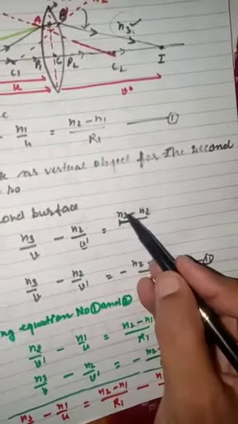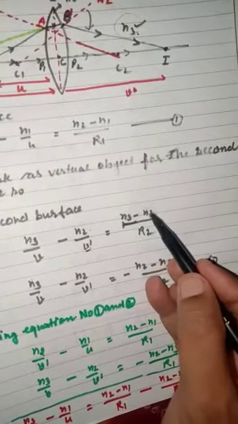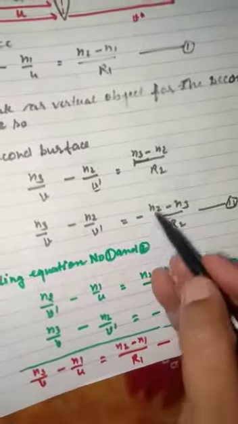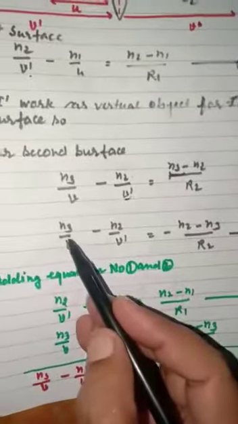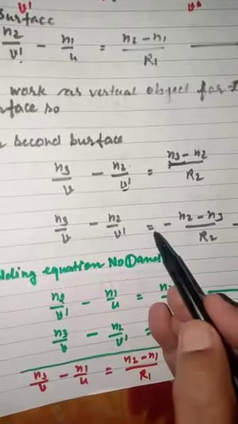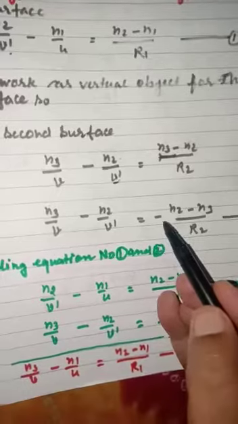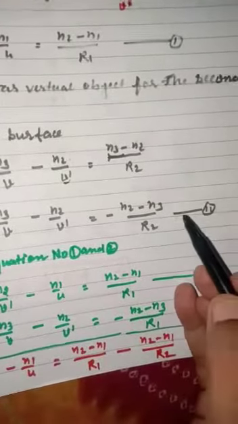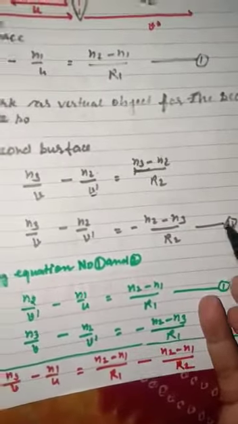That is equal to N3 minus N2 upon R2. Taking minus common on the right hand side, we get N3 upon V minus N2 upon V dash is equal to minus N2 minus N3 upon R2. This is equation number 2.